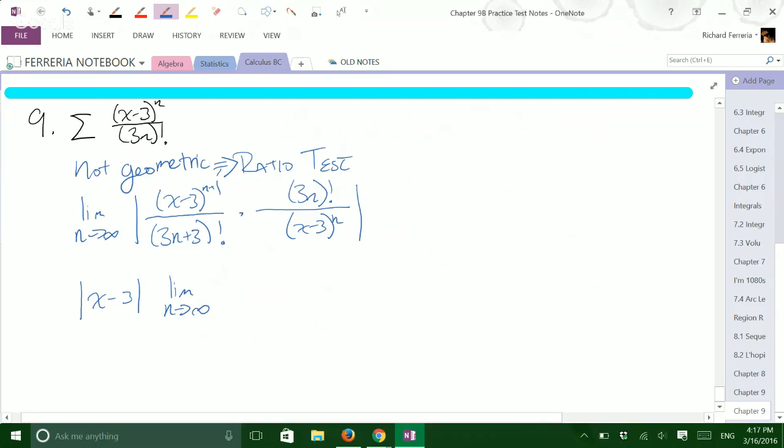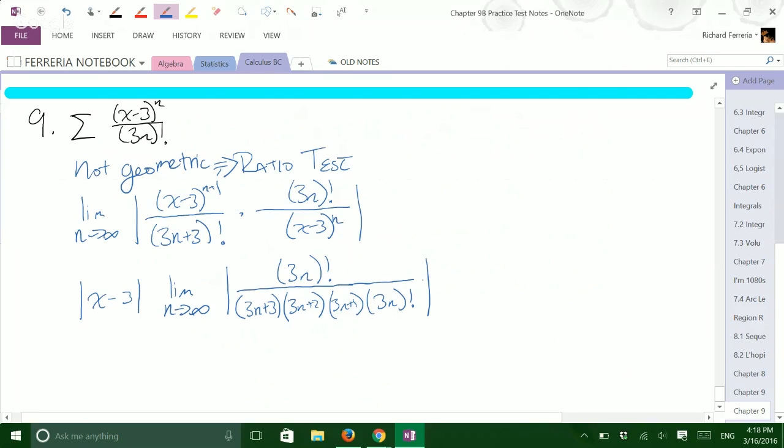The factorials are kind of weird. 3n factorial, that's not actually that weird, we'll just leave that. But the 3n plus 3 factorial, we can do something with that. So that's 3n plus 3 multiplied by the integer just before that, which is 3n plus 2, multiplied by the integer just before that, which is 3n plus 1, multiplied by the factorial just before that, which is 3n factorial.